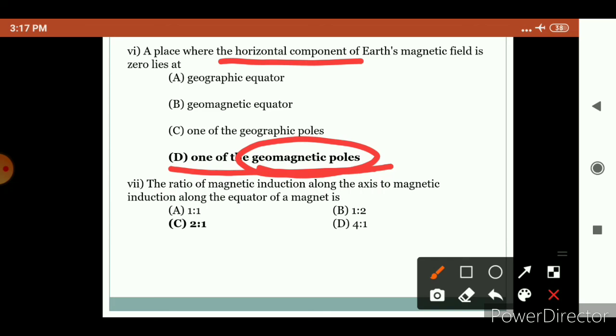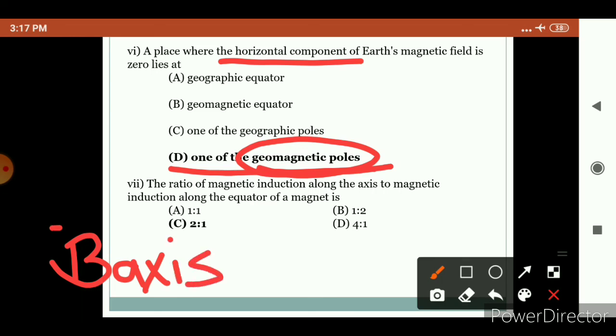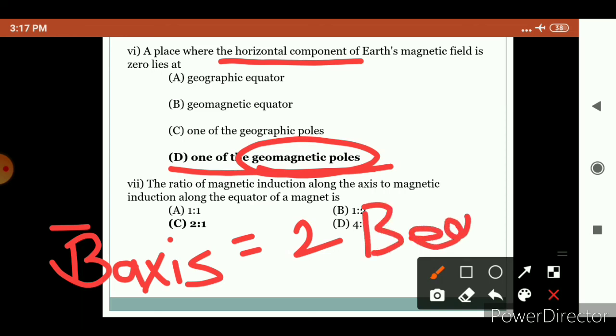Next question. The ratio of magnetic induction along the axis to magnetic induction along the equator of a magnet is. Now this is a well known equation: the magnetic field along the axis is equal to double the magnetic field along the equator.